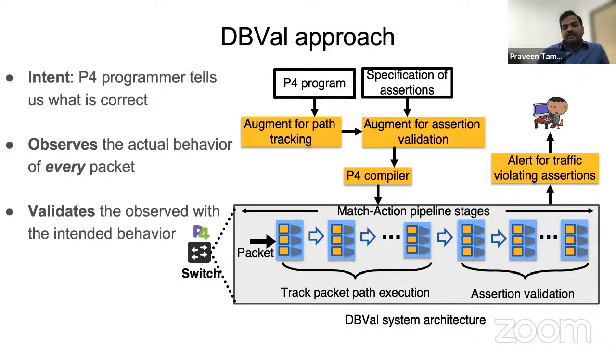But the amount of resources you need to send it to the control plane, store it, and then do the processing, the rate at which you process packets in the data plane, there is a trade-off there. There is a trade-off between the amount of resources that you give and the coverage that you get when you do it in the data plane. How much coverage you want, every packet or on a sampled basis, is a design choice one can make.